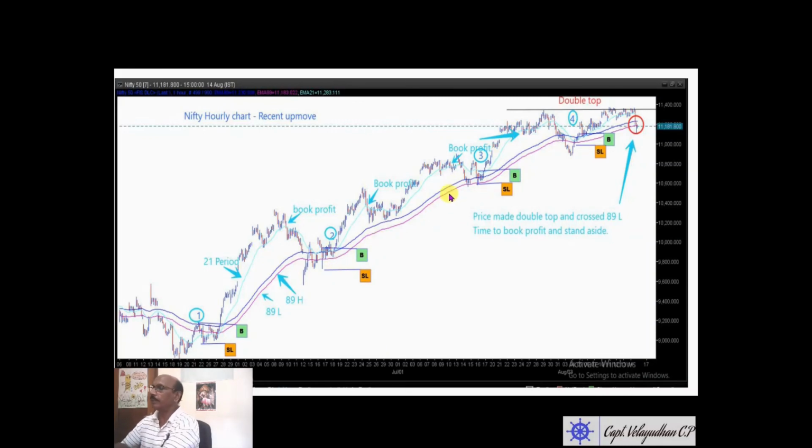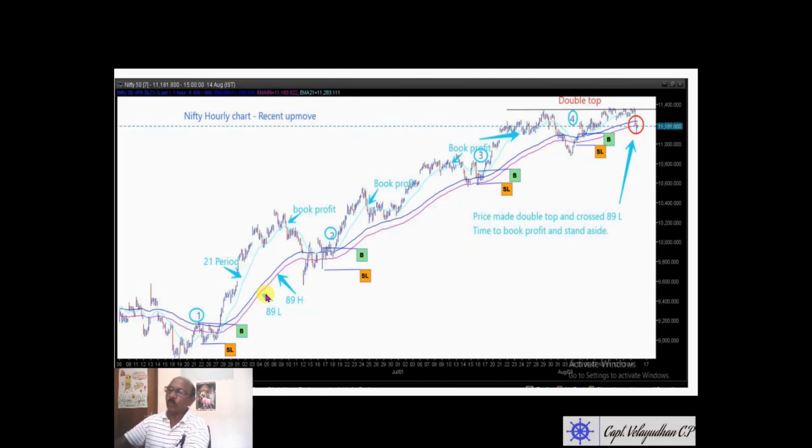It continued the trade all the way up. Here it got an exit and then another buy. So you can see many buy signals using only this moving average band, and it can be a very profitable trade. This is the way to utilize the 89 high, 89 low.